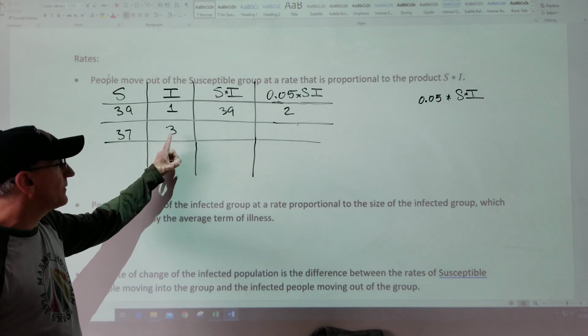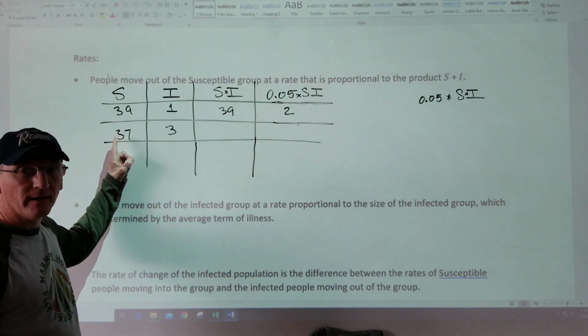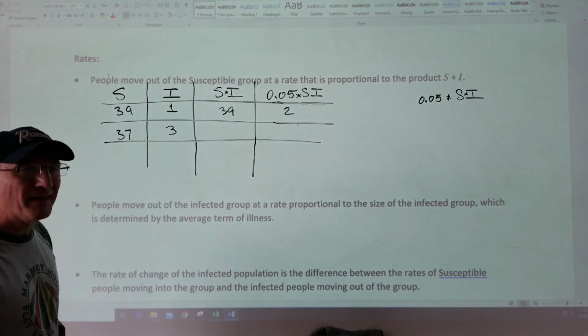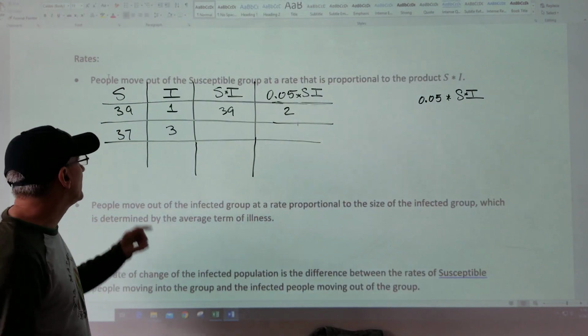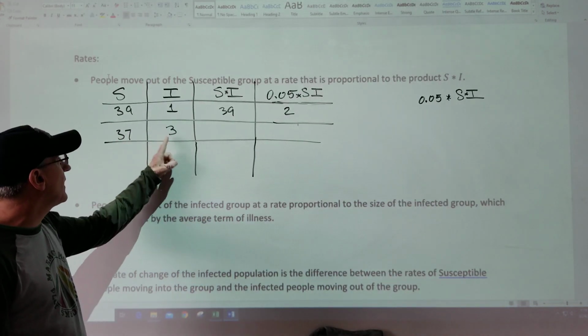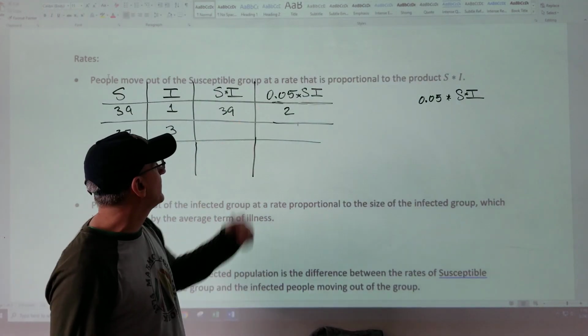Each one of these 3 people has the possibility of infecting 37 others. It doesn't mean they will all get infected. It actually ups the odds a little bit, because each of these people is 3 times as likely to get infected as they were on the first day, subject to some ratio like 5%.